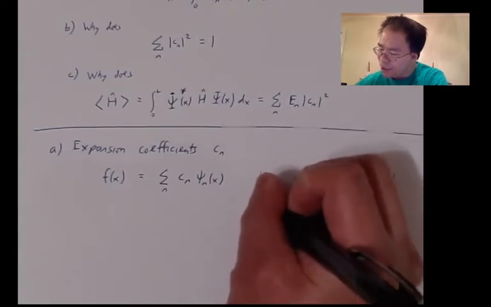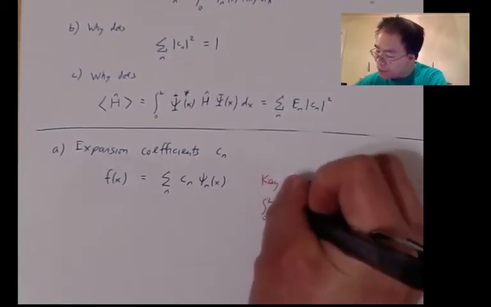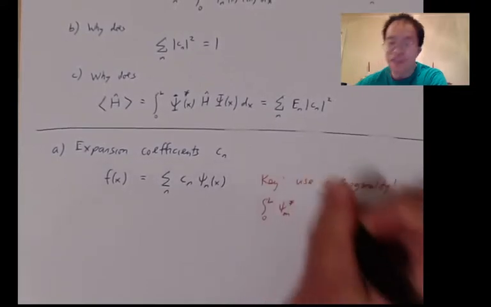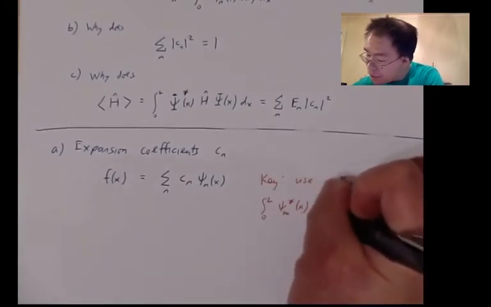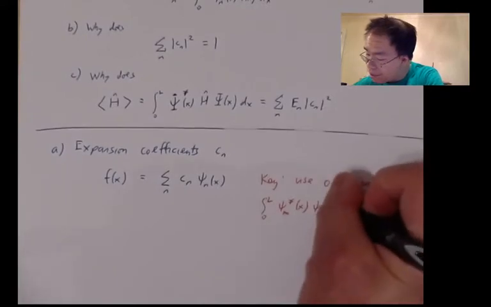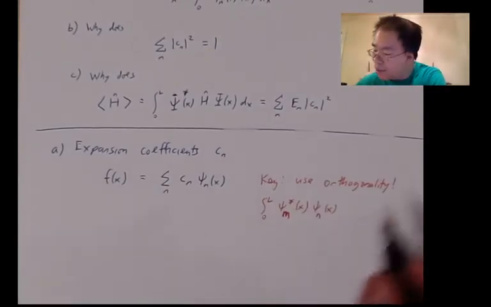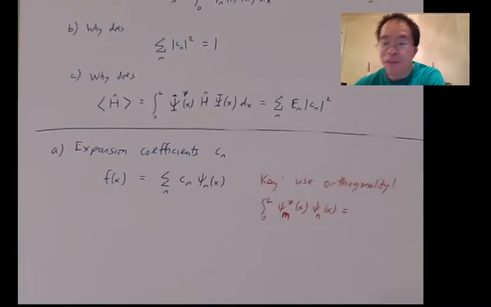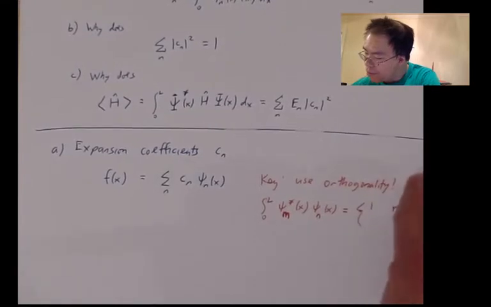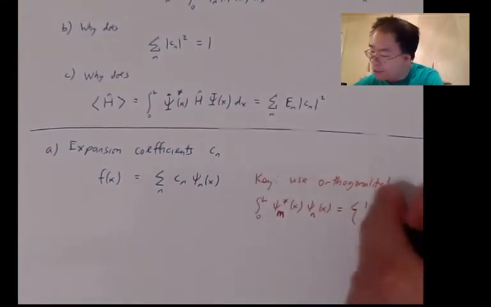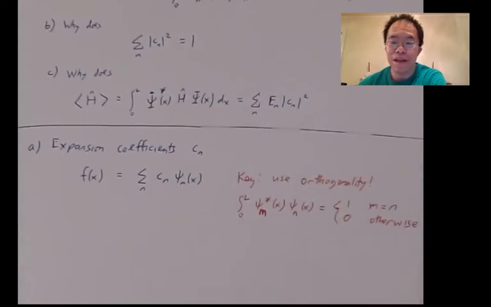Remember, orthogonality says that if I have the inner product, the integral of stationary state psi sub m star multiplying stationary state psi sub n of x, I'm going to write this bigger so that you can clearly read that that's an m and that's an n, this equals 1 if m equals n, and 0 otherwise. And that's going to be the key.